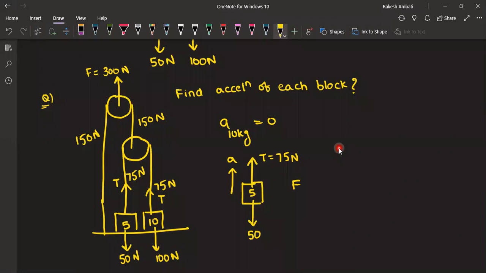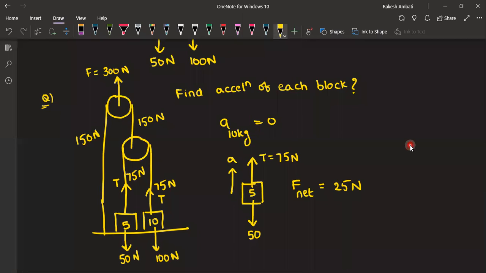Therefore we find the dynamic equation for the 5 kg block. The direction of motion is upwards. In the upward direction 75 newtons, in the opposite direction 50 newtons. So the resultant force acting on the 5 kg block is 75 minus 50, because both forces act in opposite directions.